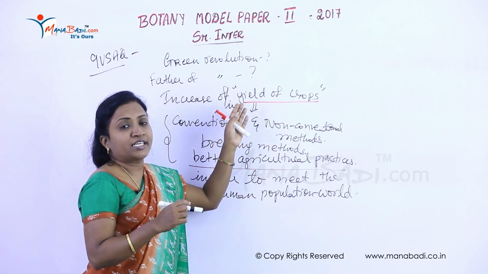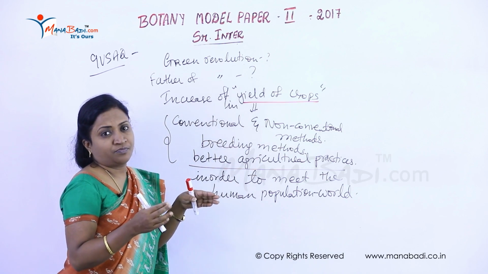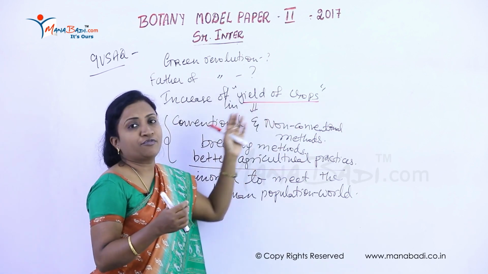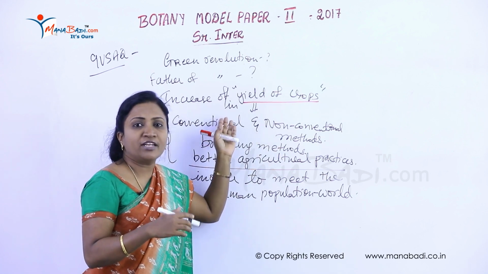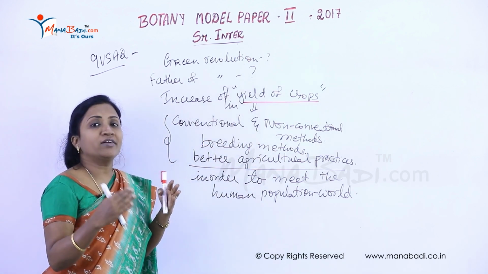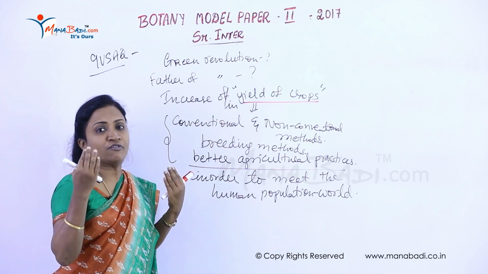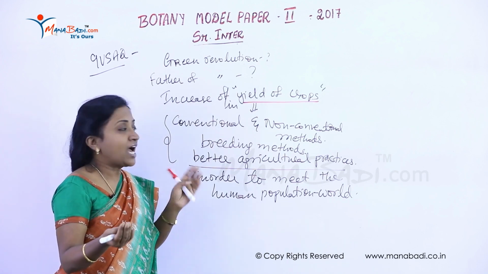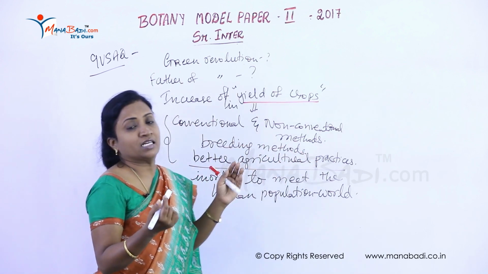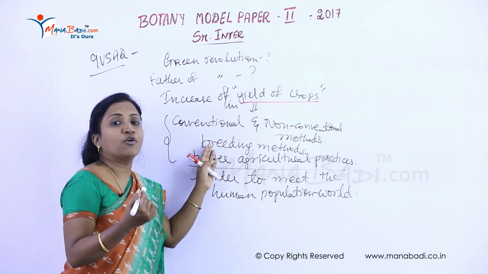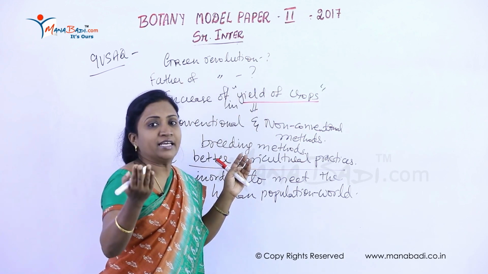So green revolution can be defined as increasing the yield of the crops by using both conventional as well as non-conventional methods of plant breeding, as well as better agricultural practices. Through these, the yield of the crops can be increased.